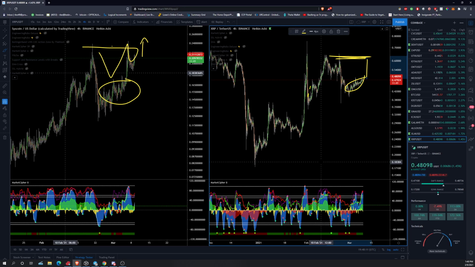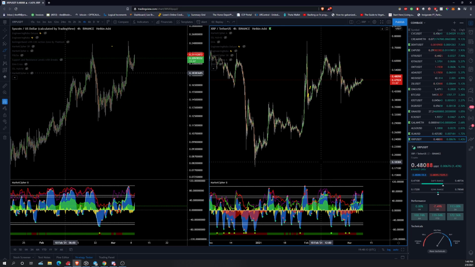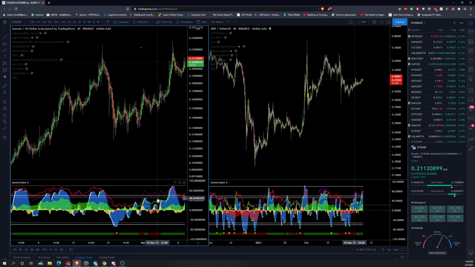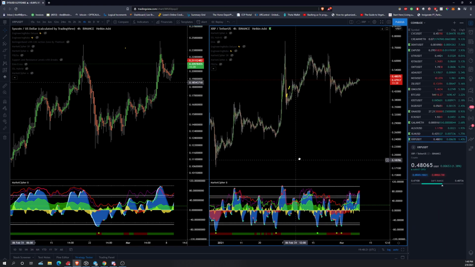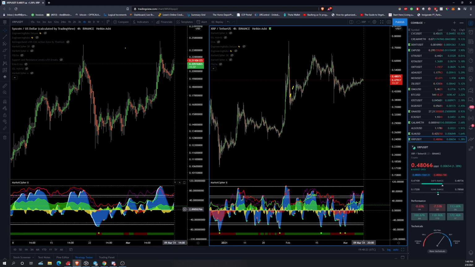And then if we take it a step further and look at what market cipher is telling us, that would be a good idea. So we'll look down here. These are both on the 4 hourly. You got a green dot here, so that's a good sign. But you got your red right here, meaning we're probably going to come down at least a little bit on XRP currently.